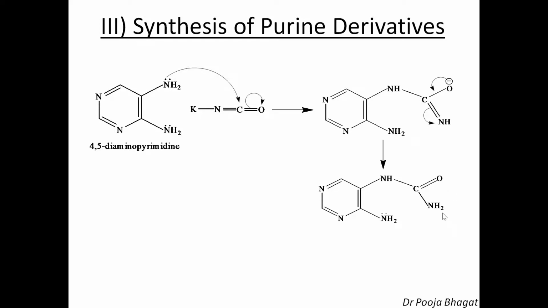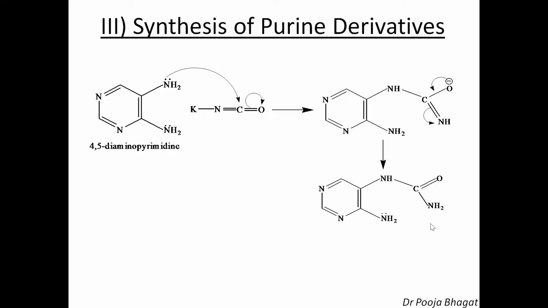So basically what is happening is that when you treat this compound with potassium isocyanate, the H of the amine is replaced by the amide group CONH2. You have to remember this because we will use this reagent in the next synthesis also. So you should know that when we treat it with potassium isocyanate, it is the introduction of the CONH2 group.